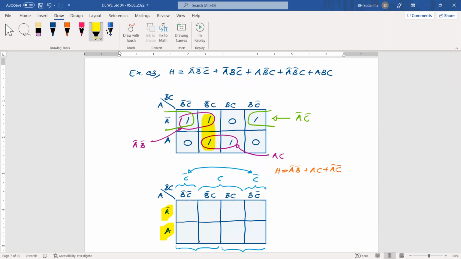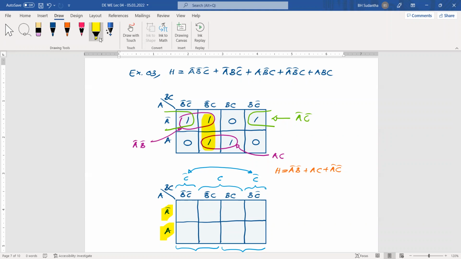But in my case, it is not necessary. Why? Because I have covered all ones there. But if you do like this, then we have to make this group also. Then 1, 2, 3. Another 3 is coming. It doesn't matter. You can have that solution. But in my case, it is not necessary. In your case, it's okay.